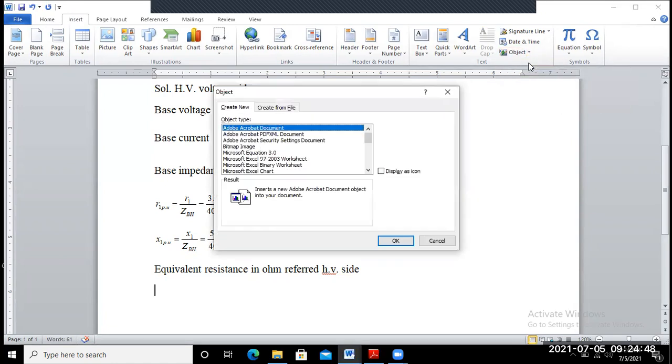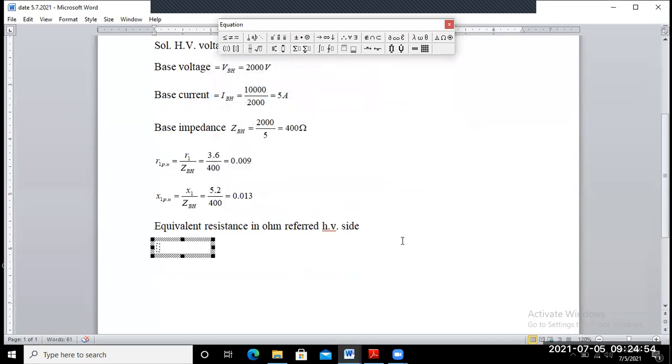R2 dash is the low voltage resistance referred to the HV side. Is it not? R1 plus R2 dash.